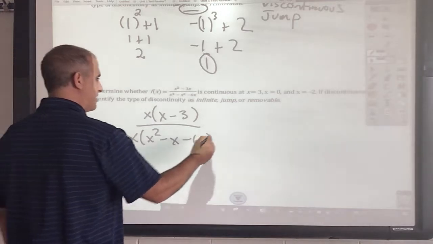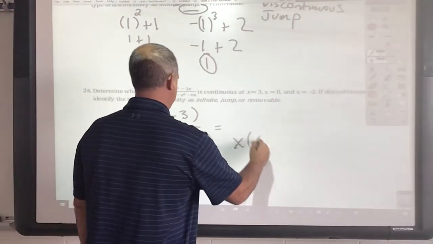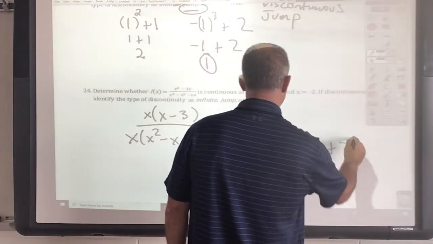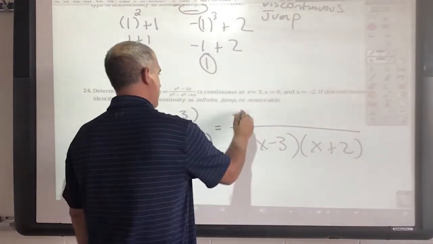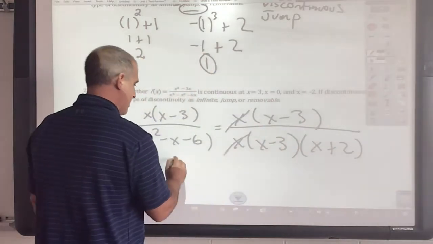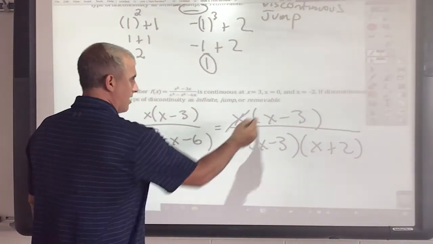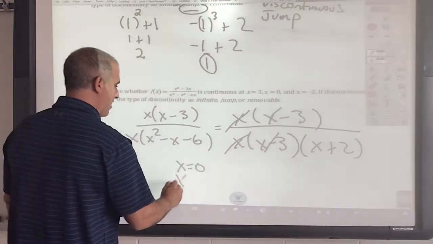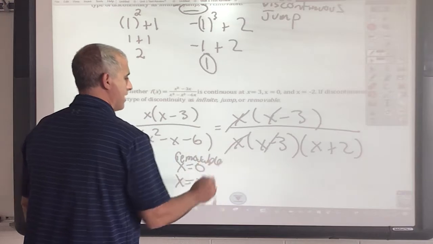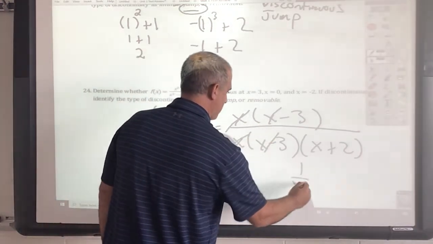Now that would factor on the bottom to x minus 3 and x plus 2. So this x and x get eliminated. That's x equals 0. This x minus 3, if I solve that, that's x equals 3. These are both removable.